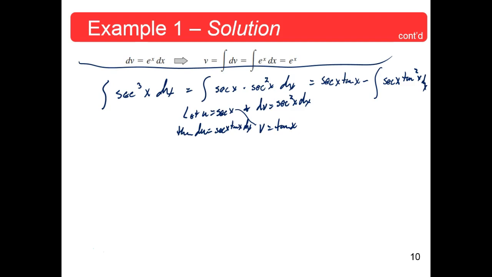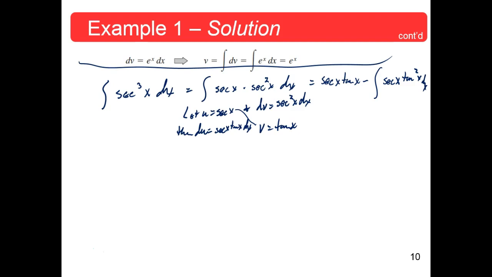What was that? Substitution? No, that's our identity. Y'all seem to remember so well. Some of you were in my trig class, and I'm not hearing any loud answers. What is a trig identity for tangent squared?